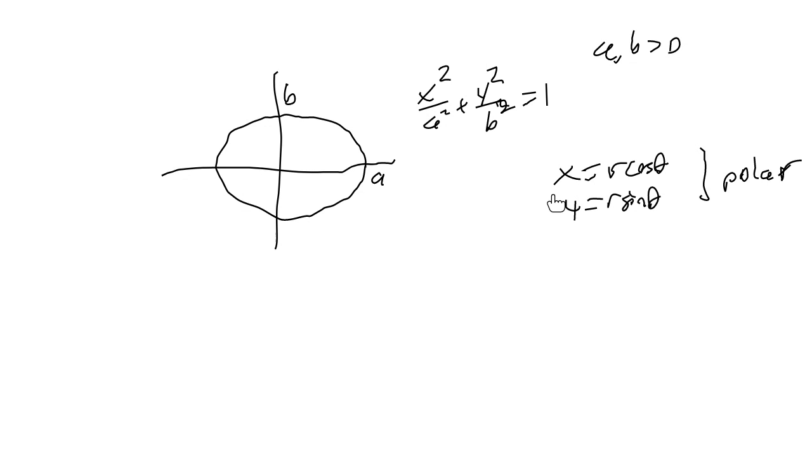Let's call them like this. How do we do this? I still want my r from 0 to 1 and my theta from 0 to 2 pi. So let's take x equal to a r cos theta, and y equal to b r sine theta.